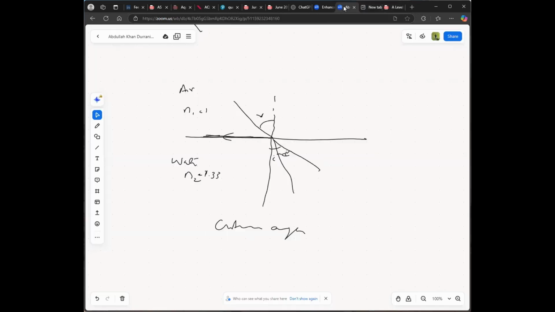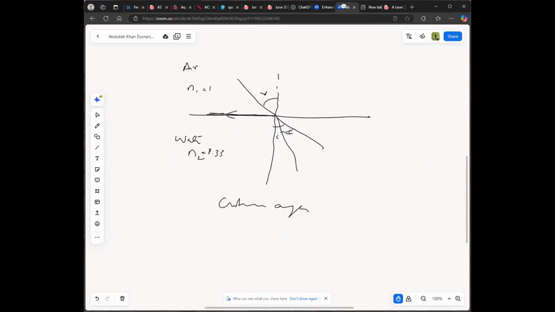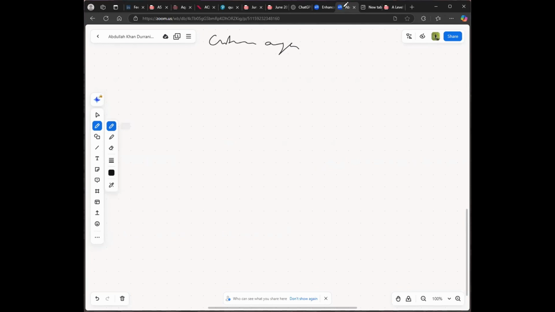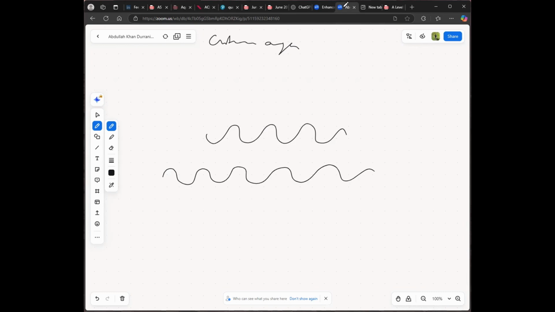one wave started from here and the other wave started from here. Let's say they're completely identical, but they started from some other points. So the path difference would be this length, right?